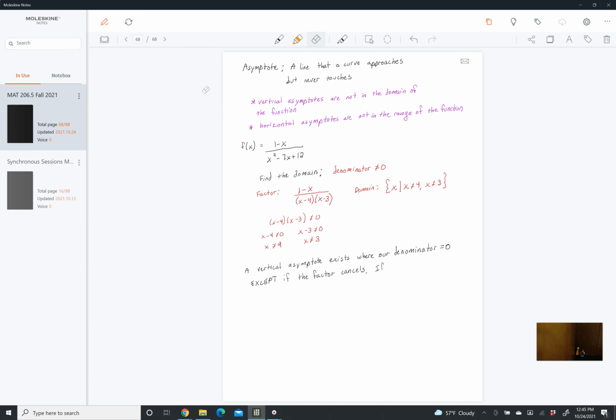If we do have a factor that cancels, then what we have is a hole or a discontinuity in the graph. This is also called a discontinuity.